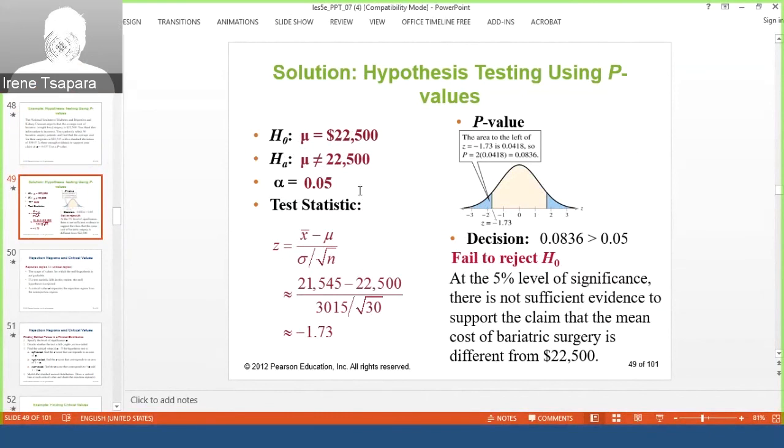If I want to run the same test with the critical values, then what I need to know is what are the numbers right here and right there, and compare those numbers with the negative 1.73. Why? Because negative 1.73 is the z-score of my x bar.